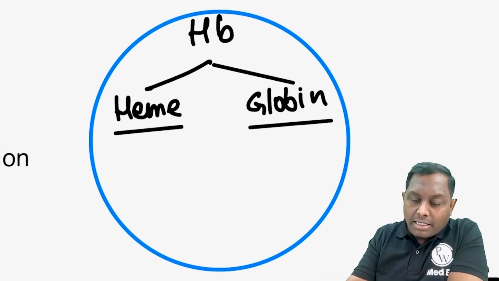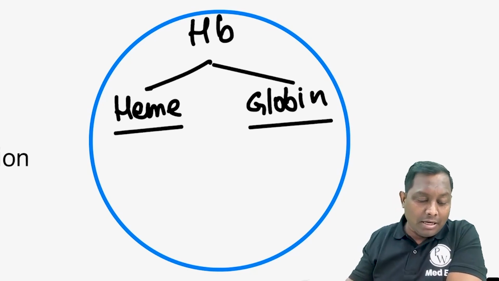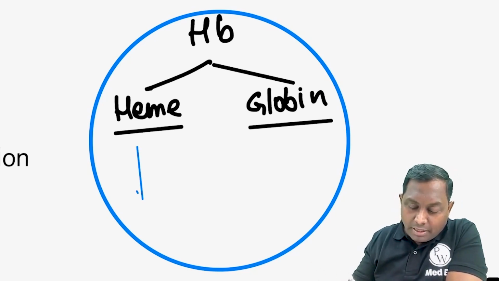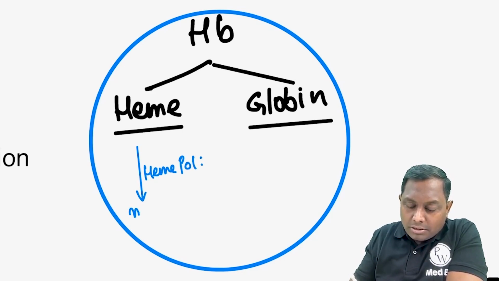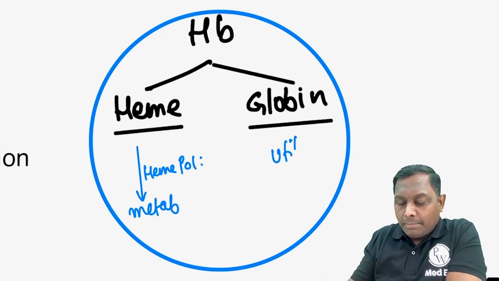Now when the parasite came to know, okay, there is someone by the name of heme which is toxic to us, they can actually not allow our survival. They said, okay, we should give an enzyme by the name of heme polymerase that will be causing metabolism of the heme. Globin will be utilized by the parasite.